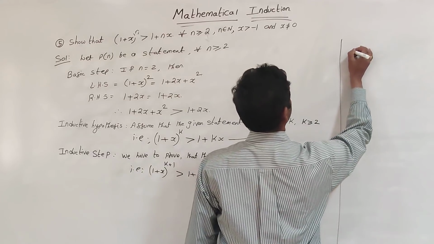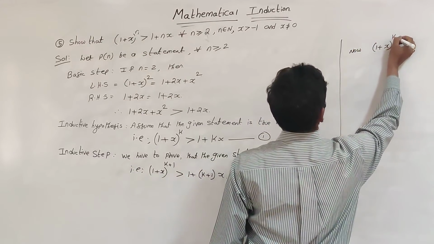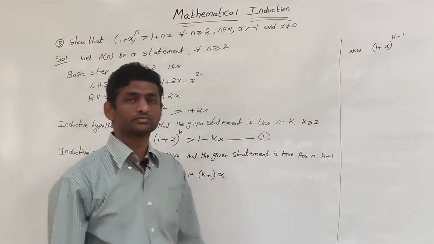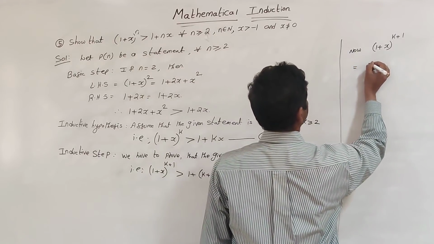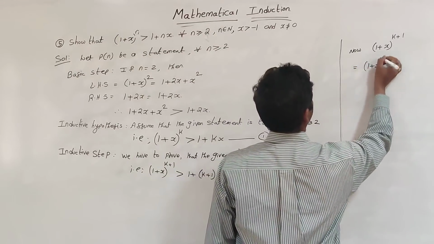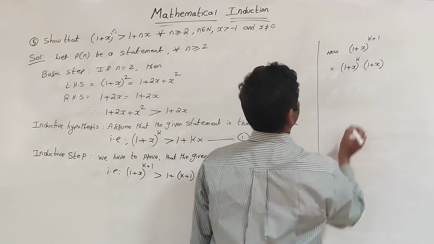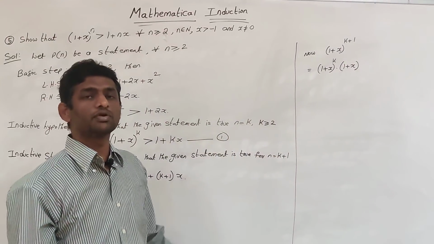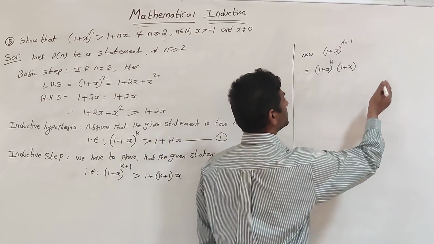Now (1 plus x) to the power of k plus 1. By using the law of exponents, this can be written as (1 plus x) to the power of k into (1 plus x). By the law of exponents, a to the power of b into a to the power of c is a to the power of b plus c.